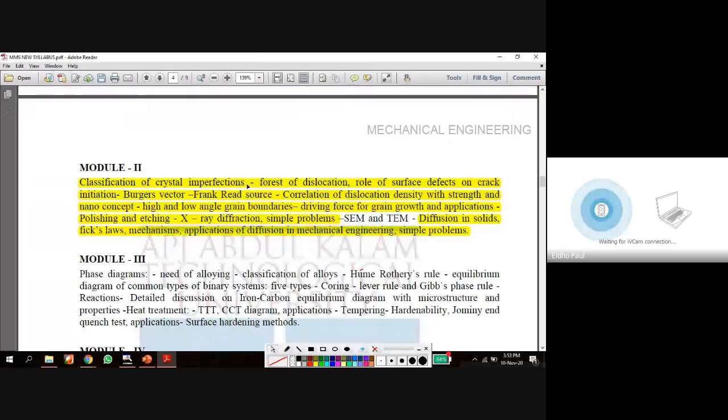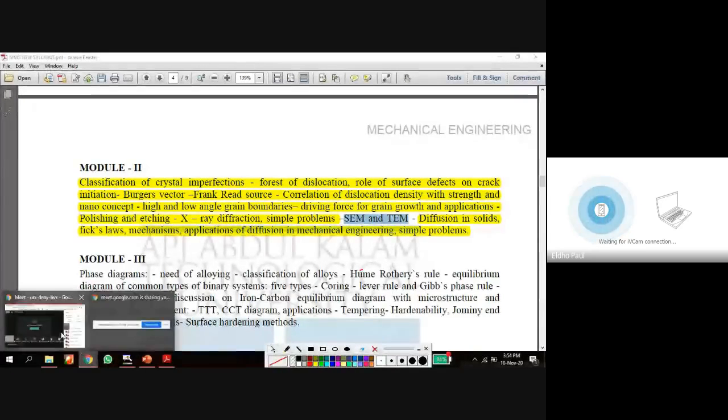We discussed different imperfections in the crystal: point defects, surface defects and line defects, dislocations, Frank-Read source, dislocation density, grain boundaries, and different specimen preparation processes like polishing and etching, X-ray diffraction, and this is your assignment, SEM and TEM, then the diffusion process. Okay, so this is the second module of metallurgy and material science. Any doubt?